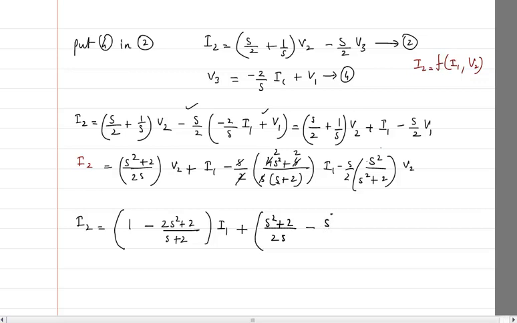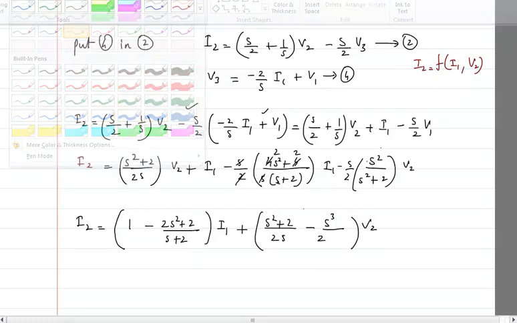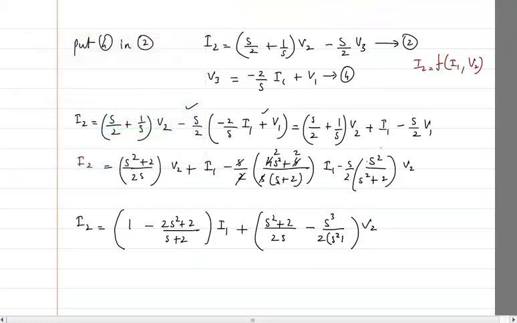So this I can write as S cube by 2S square plus 4 into V2. Or even I can write the denominator as 2 into S square plus 4, 2 into S square plus 4, not 4, S square plus 2.